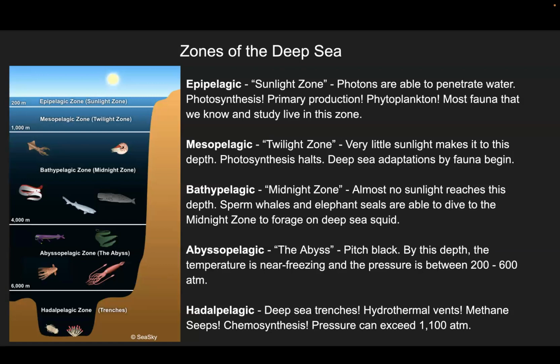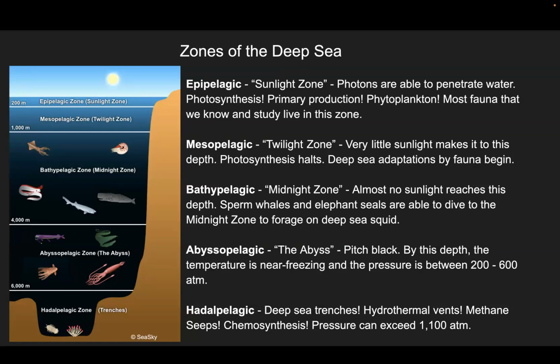So these are two marine mammals, sperm whales and elephant seals, and those are some pretty cool deep sea adaptations because they're able to dive down to incredible depths of water to forage for food. And I'll get into deep sea adaptations later, but I just talked about that.